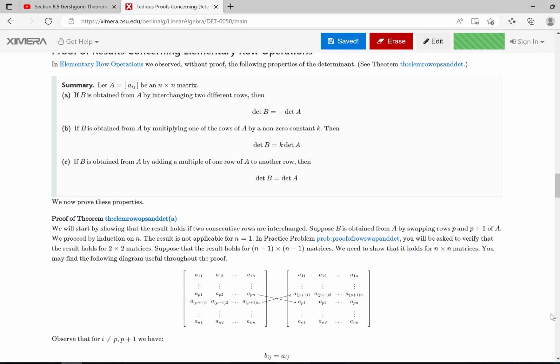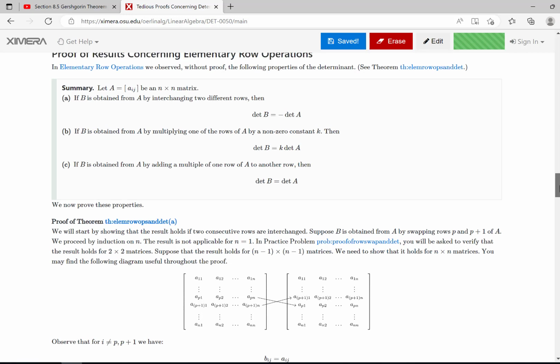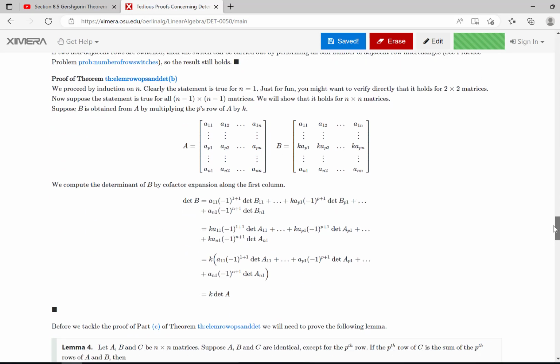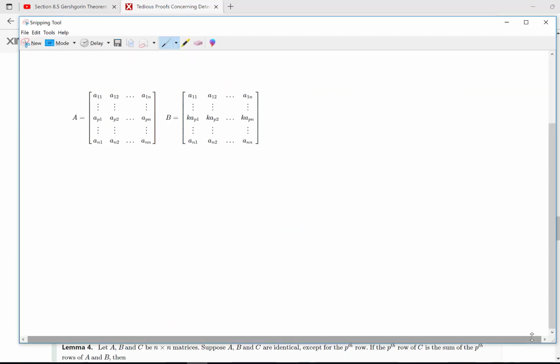Let's scroll down and look at the picture which talks about what happens when you multiply a row by a scalar k. So once again, I think the way to compare these two determinants is to imagine you're expanding along row P to compute.